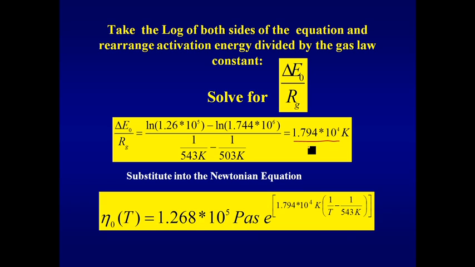And then this is put into the previous viscosity equation. We use our reference temperature and our reference viscosity that we used previously, and we now have a temperature dependent Newtonian viscosity. Notice that this is fairly high, 17,000.